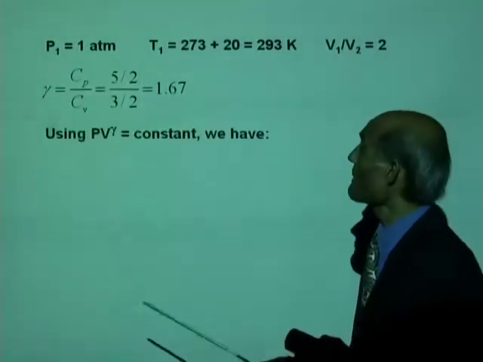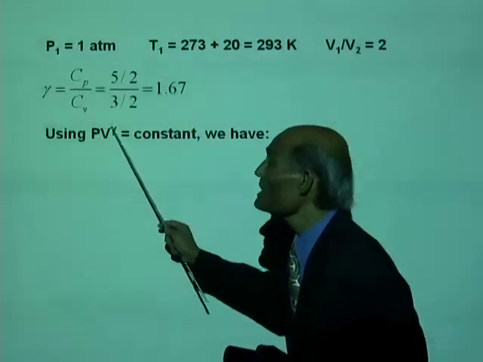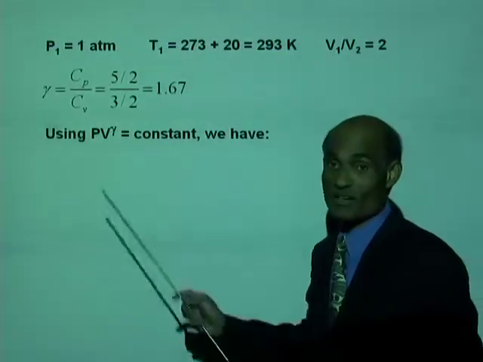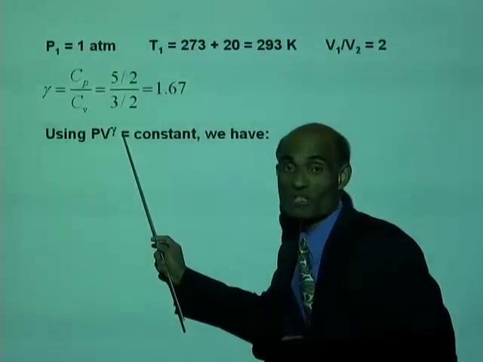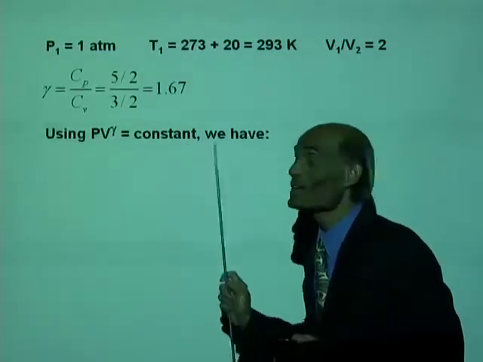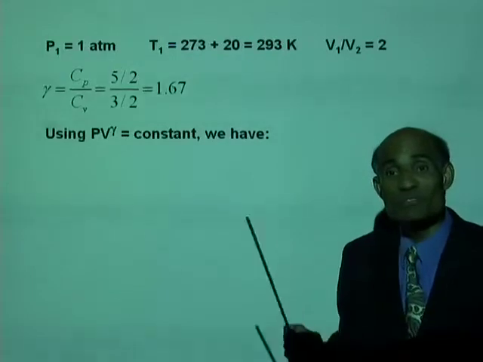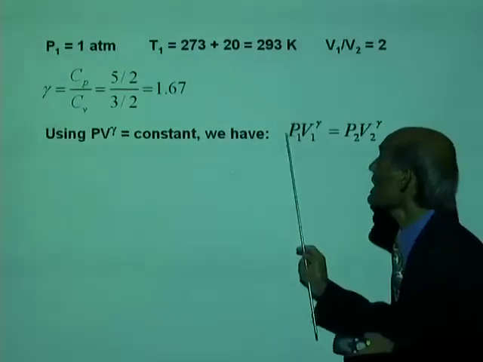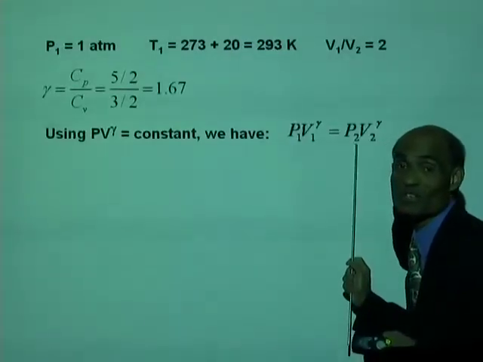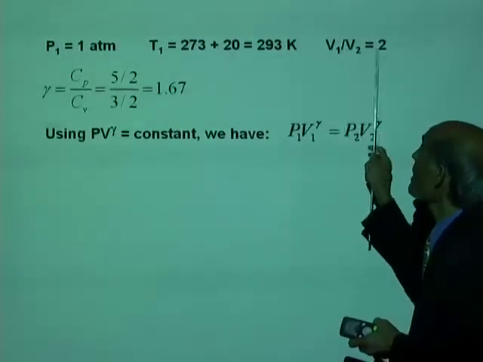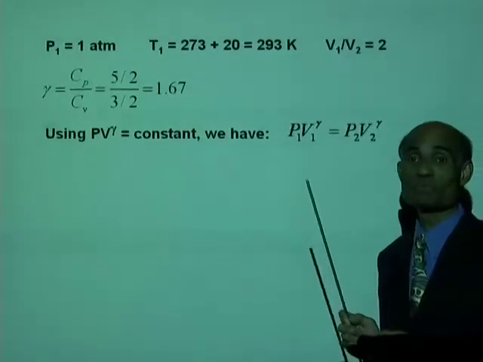Alright, let's do that. Using PV to the power of gamma is a constant, how will this be written? P1 V1 to the power of gamma equal to P2 V2 to the power of gamma. There you are. Okay, can you rewrite this equation so that it contains the quantity V1 over V2?